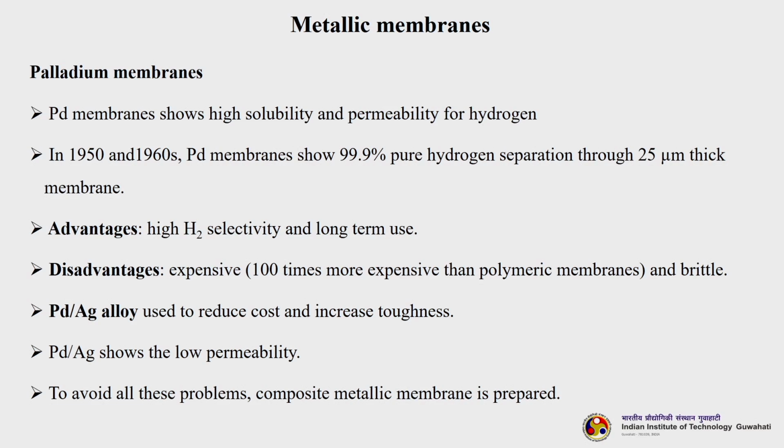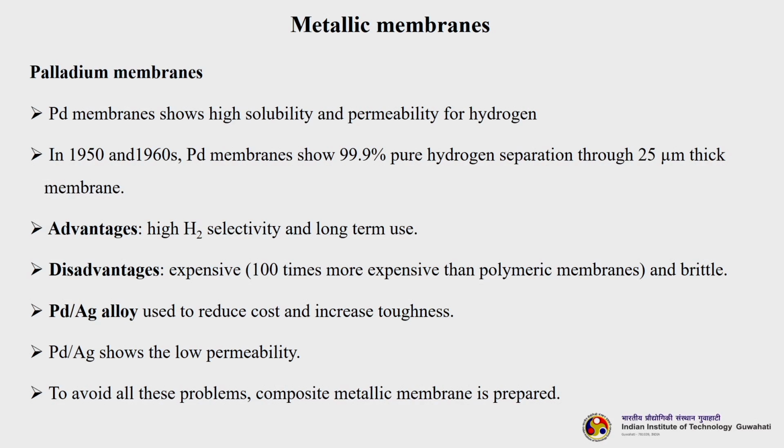The advantages are high hydrogen selectivity and, of course, a long life. The disadvantages are that it is extremely expensive, almost 100 times more expensive than any polymeric membrane, and it is brittle. Palladium and silver alloy is used to reduce cost and increase toughness. To reduce the palladium membrane cost, silver has been added and an alloy has been prepared.